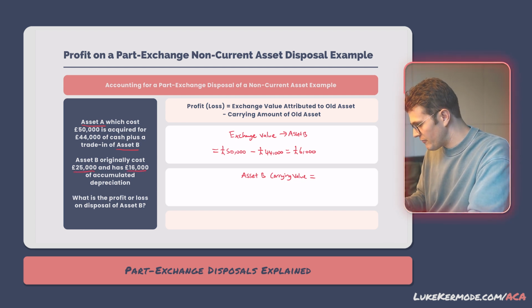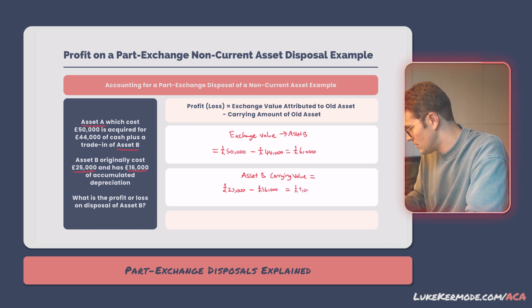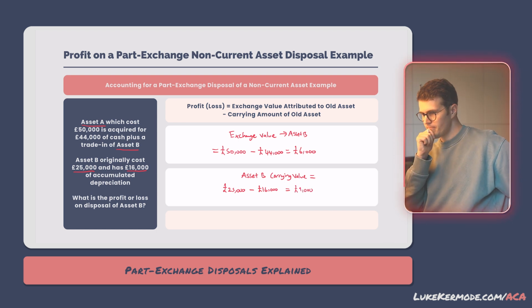So to calculate the carrying value of asset B, we take its original cost, £25,000, we subtract its accumulated depreciation of £16,000, gives us a carrying amount equal to £9,000.